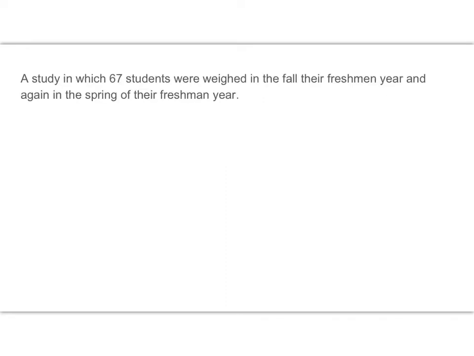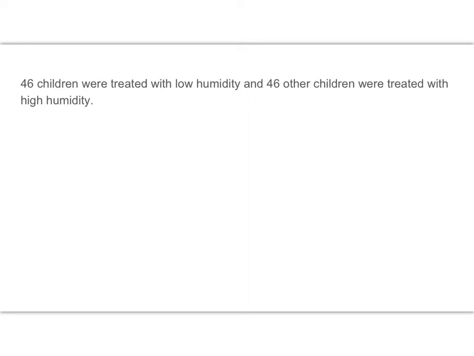A study in which 67 students were weighed in the fall of their freshman year and again in the spring of their freshman year. Again, we are matching those weights against each other, so this is dependent because this would be a matched pair sample. All right, 46 children were treated with low humidity and 46 other children were treated with high humidity.